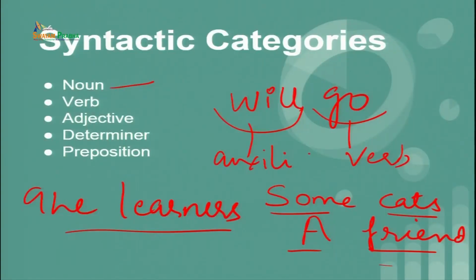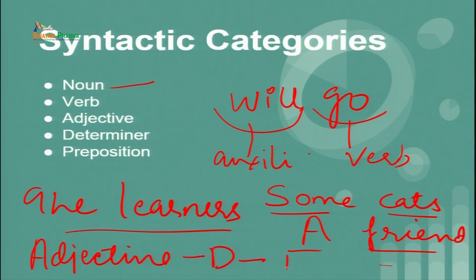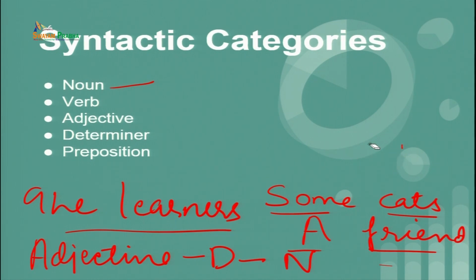Now, the point is, what is an adjective? Adjective refers to the word which comes between determiner and noun. For example, I write the smart cat.